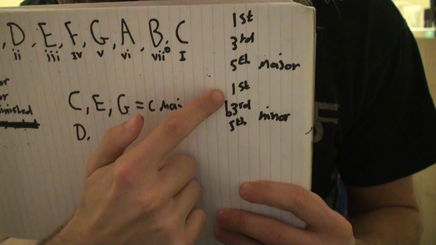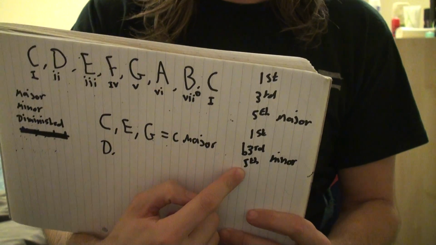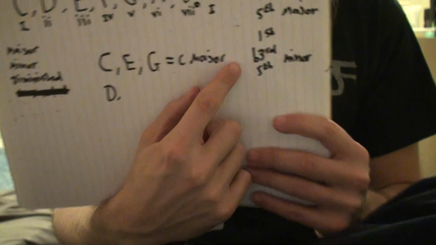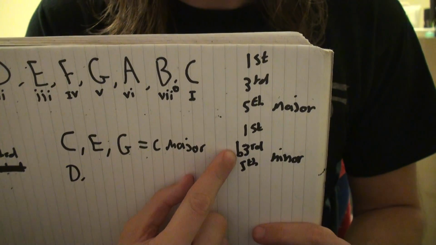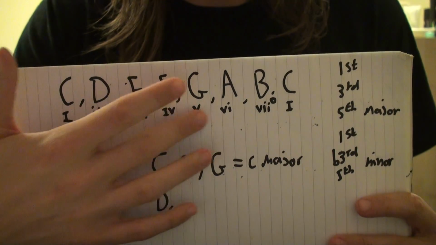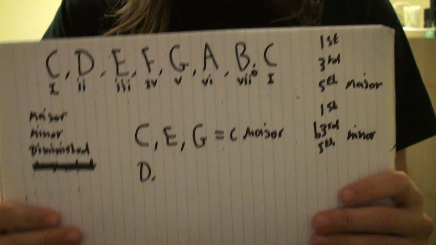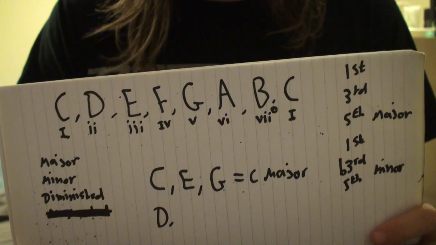Now, a flattened third, like I said before, when you flatten a note, it just goes down one note. That's all that means. It just goes down by one pitch, one note.